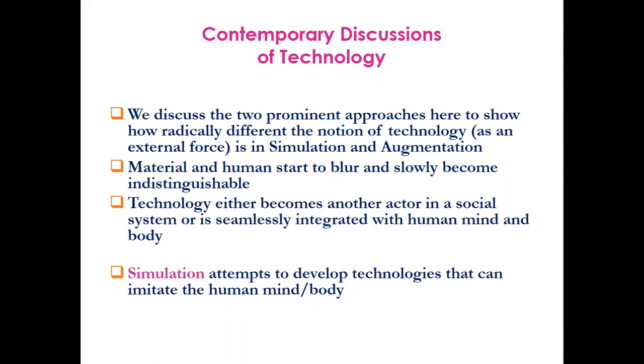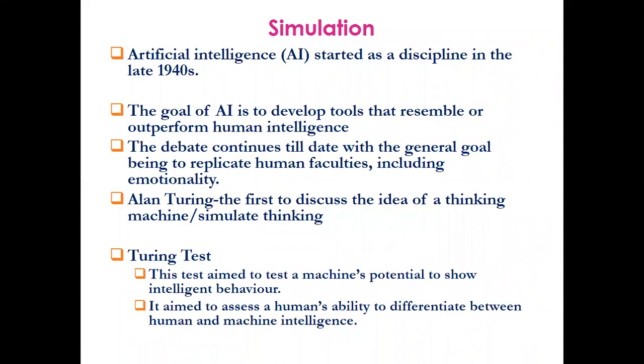Now, what is simulation? Simulation attempts to develop technologies that can imitate the human mind or body. And that is referred to as artificial intelligence, AI, as an aspect of simulation.